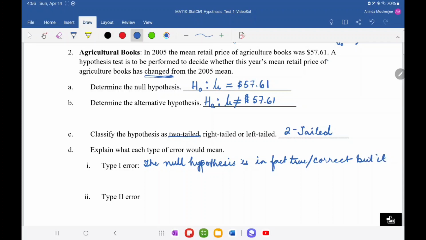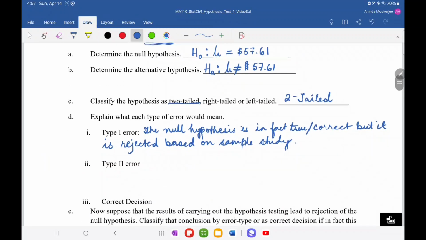So we reject a true null hypothesis is what a type 1 error is. It is rejected based on the sample study. That's the explanation of type 1 error.